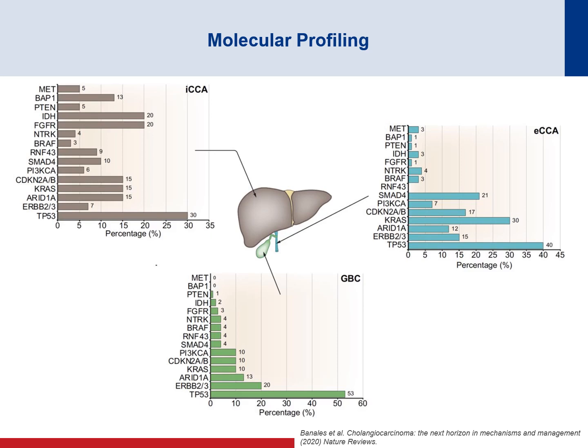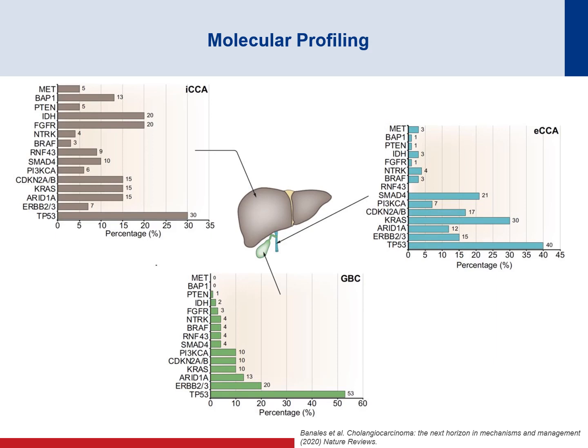For instance, pemigatinib, an FGFR1, 2, and 3 inhibitor often found in iCCA, was approved in March 2021 in Europe for the treatment of previously treated unresectable, locally advanced or metastatic cholangiocarcinoma with FGFR2 fusion or other rearrangement, and is therefore the first targeted treatment for CCA.